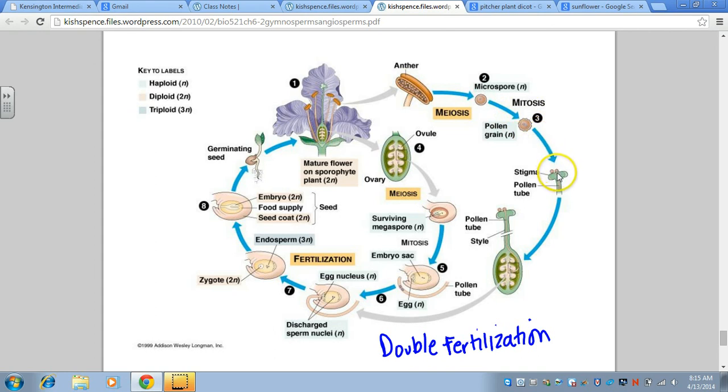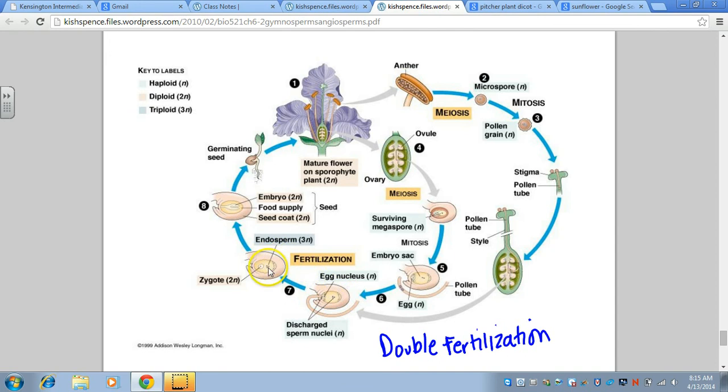The pollen grain lands on the stigma, grows a pollen tube, down through the style, into the ovary, and into the ovule, so that the two sperm can go in. We call it double fertilization because one sperm fuses with the egg to make the zygote. The other sperm fuses with the other cells that are there to make the endosperm.